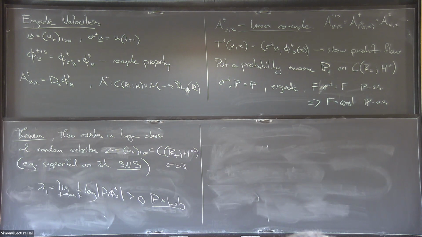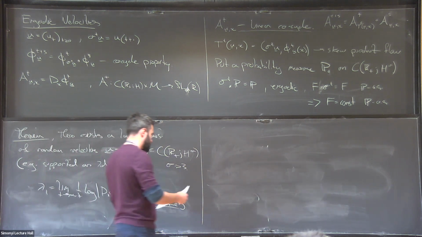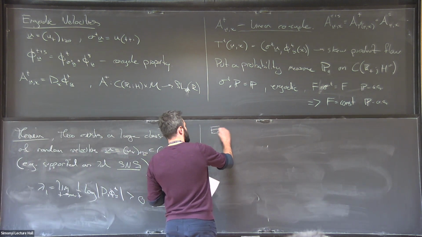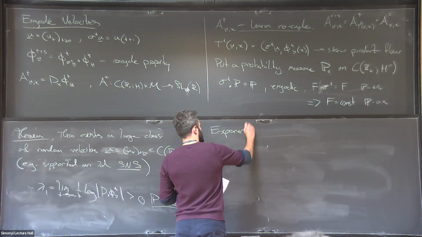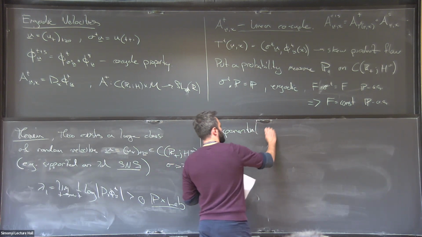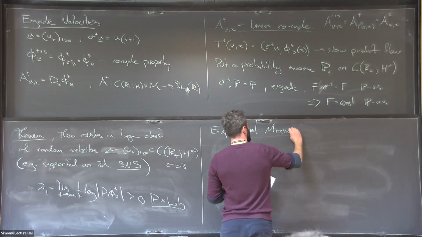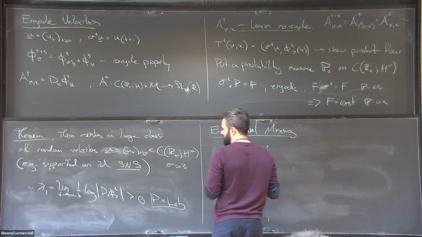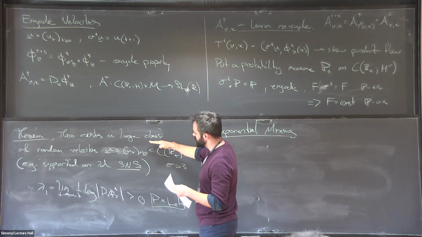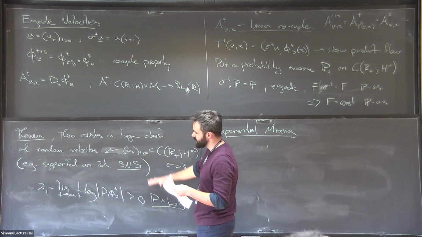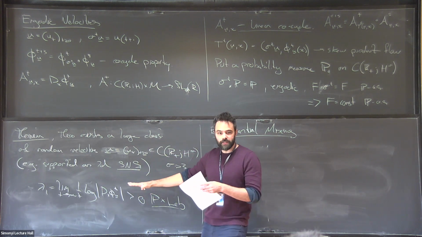Okay, so before I describe the models, I want to actually go a little bit further and talk about mixing, in particular exponential mixing. Let me remind you that I think next week Elliot will be talking a bit more about the details of this theorem.